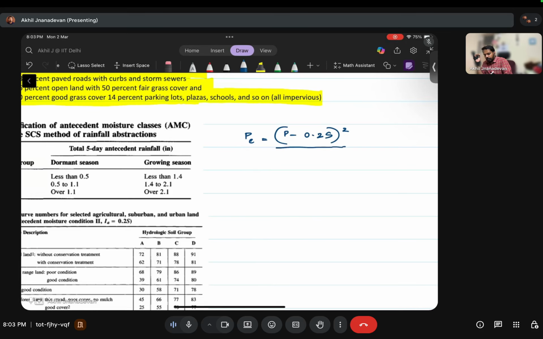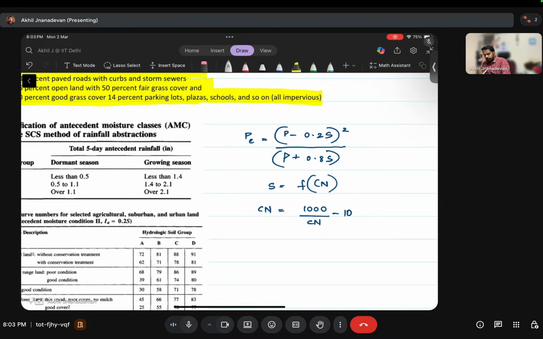So the only issue is finding S. S can be a function of the curve number, right? The relation we found out is S is equal to 1000 by CN minus 10, where we want S in inches. Our question is in inches, so we can use this particular equation, right?